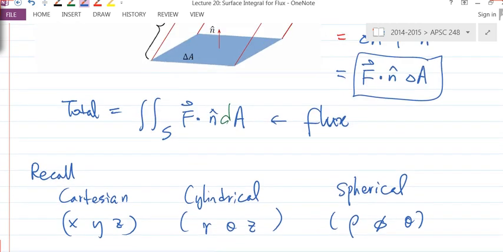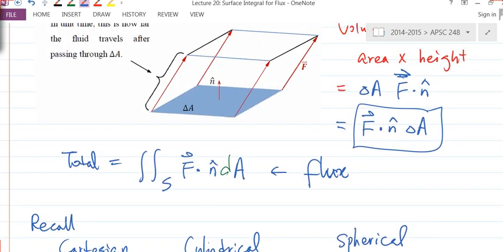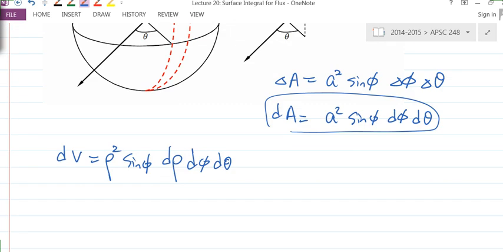Bottom line is, if I go back to my flux formula, here's my flux formula. I am going to fill in the unknowns, and I have the information for dA now, right? Okay, so let me write down here.